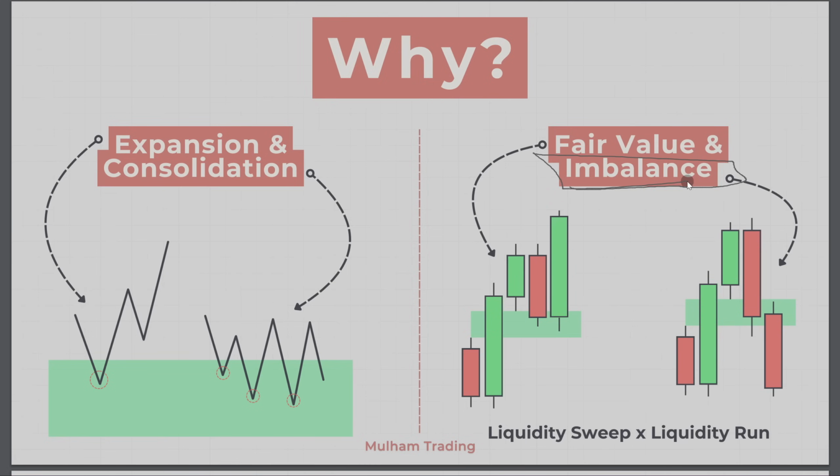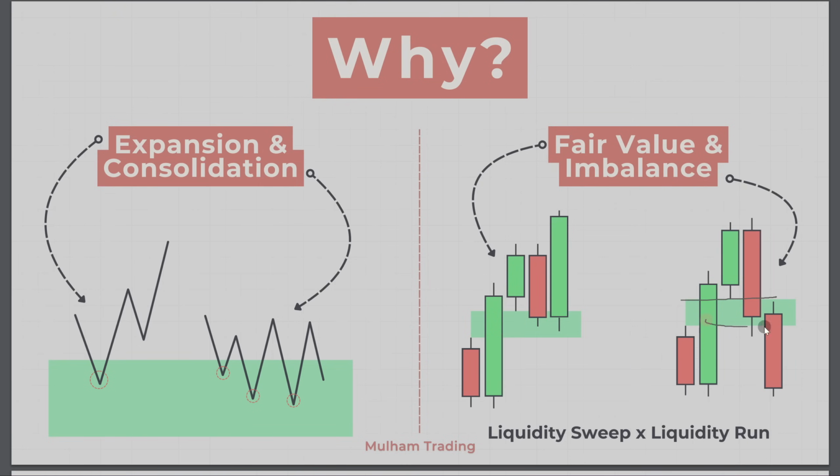An imbalance sometimes, and I do call it this way, can be used as a target. I want price to reach there, but I'm not looking to enter off there. On the other hand, a fair value gap is a zone that I'm maybe targeting, but I'm also looking to enter off that level or that zone.